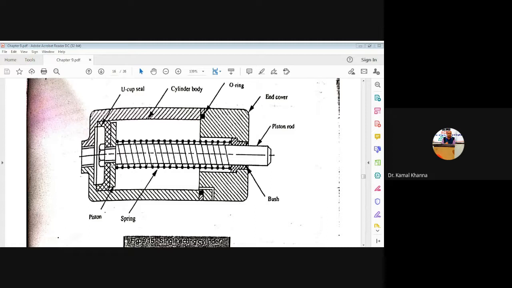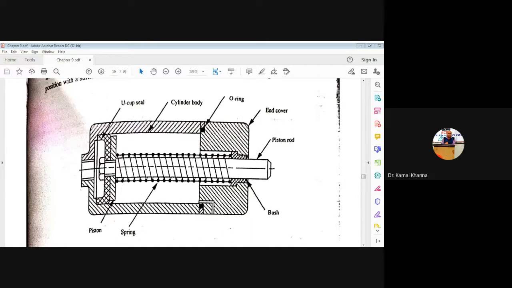This is the piston, which reciprocates in the cylinder. As soon as pneumatic power is provided to this piston rod, with the single stroke of the piston we get a single delivery stroke from this outer side.